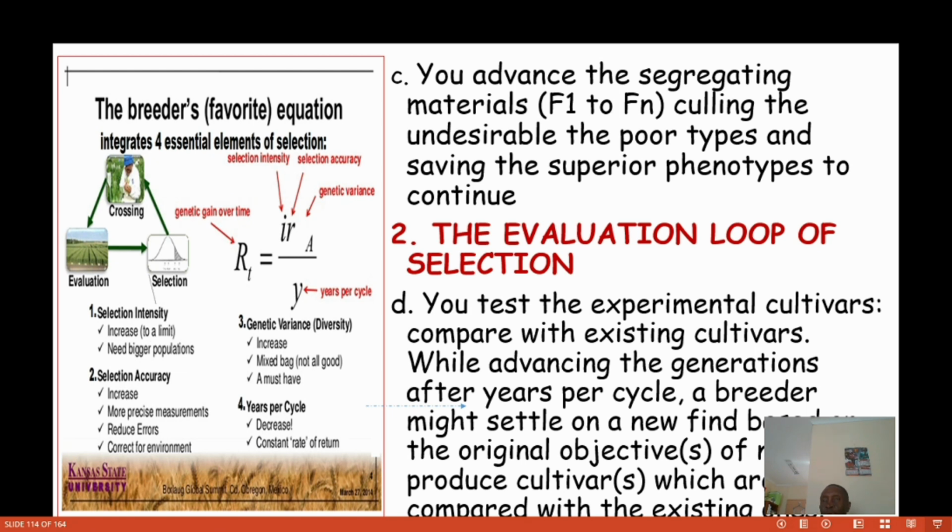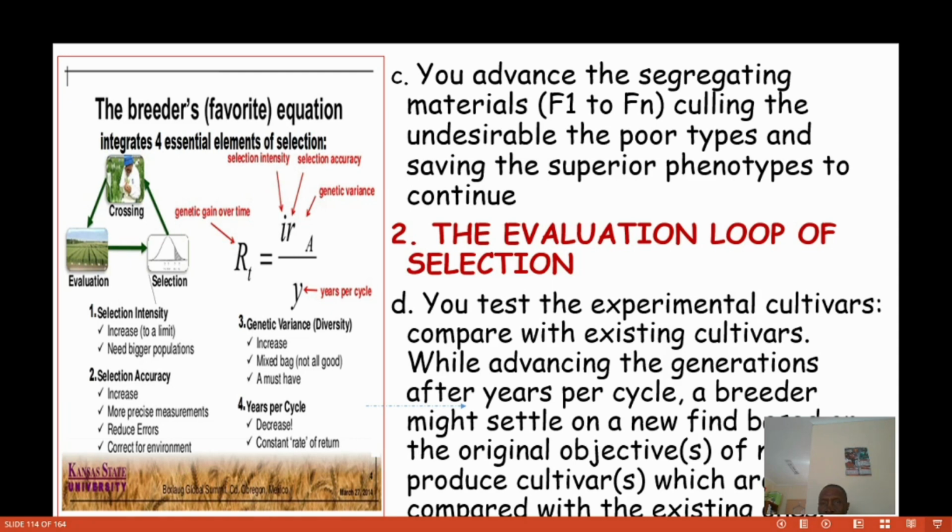And in the F2, you eliminate, you get rid of those undesirable types, those that may be poor. You move them out and you save the superior phenotypes to continue to F3, F4, and so on and so forth. This is a very common practice in selective breeding.